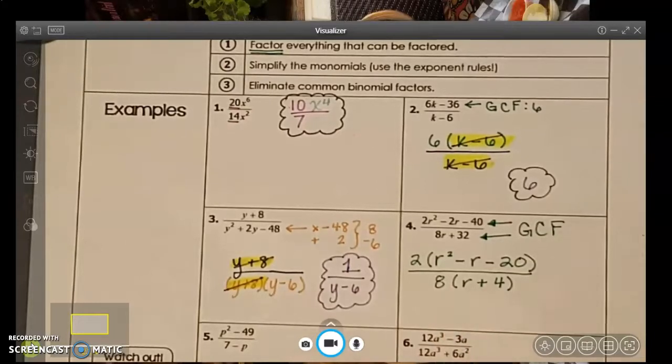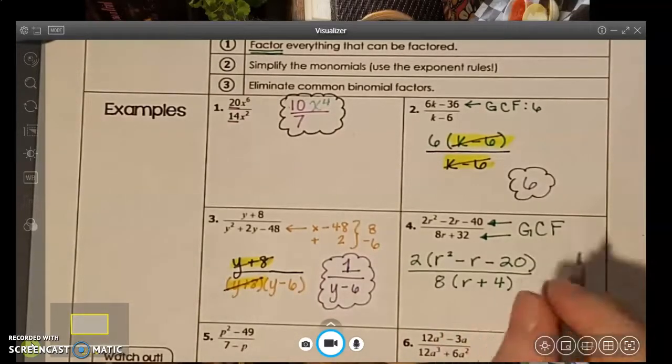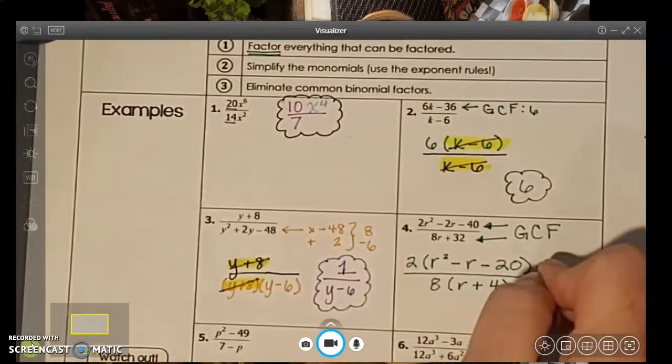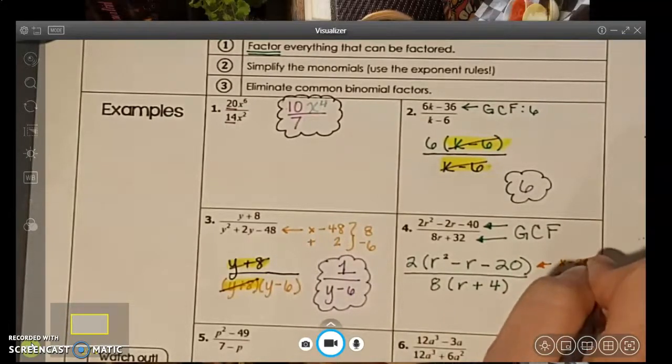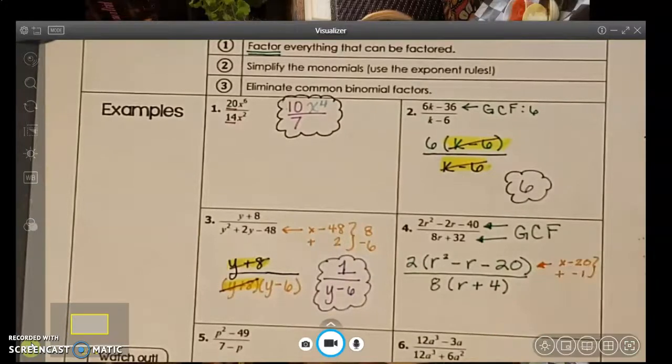So now we're going to factor this trinomial, and it's what multiplies to give us negative 20 and adds to give us negative 1. That would be negative 5 and positive 4.